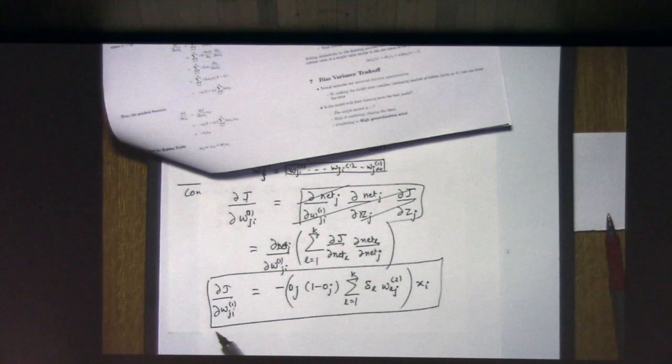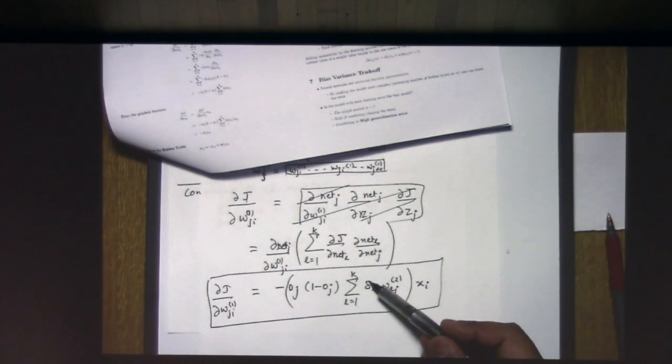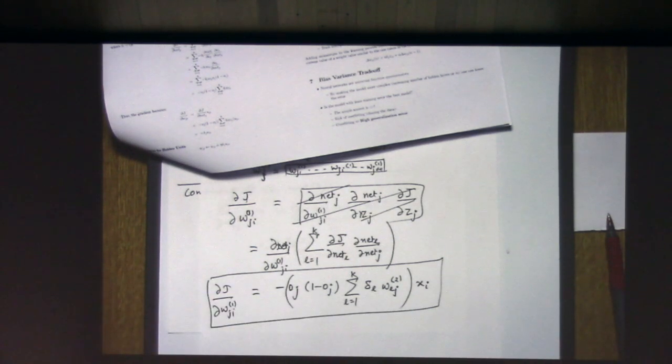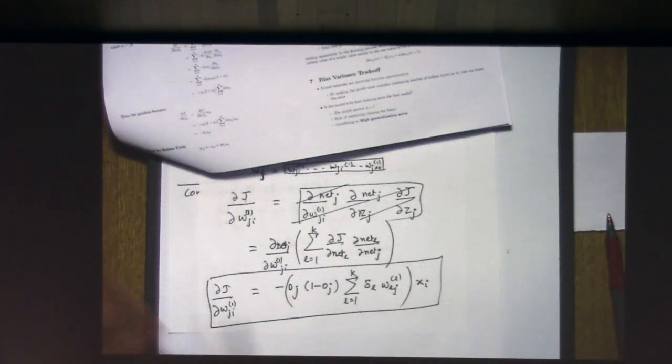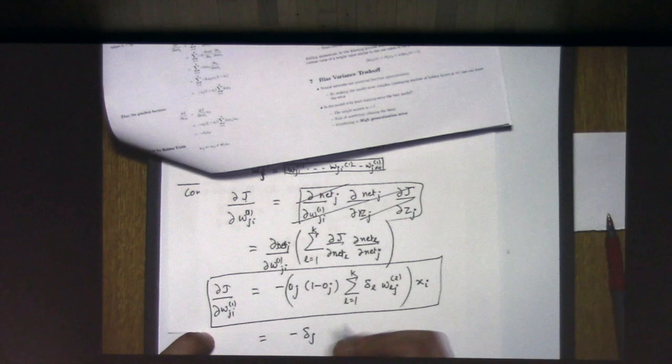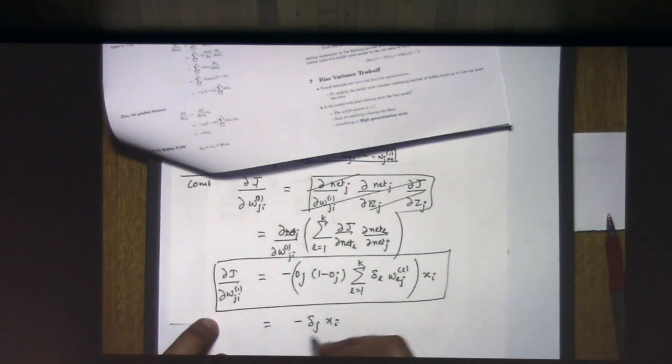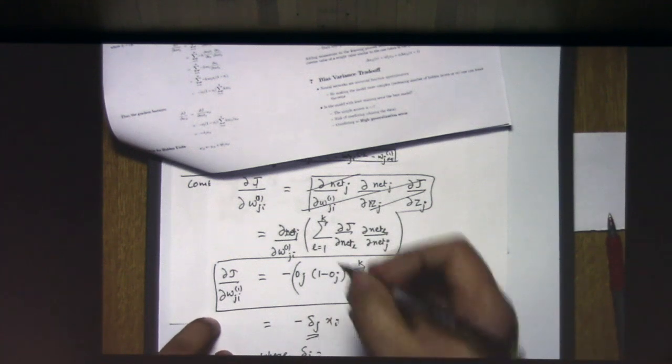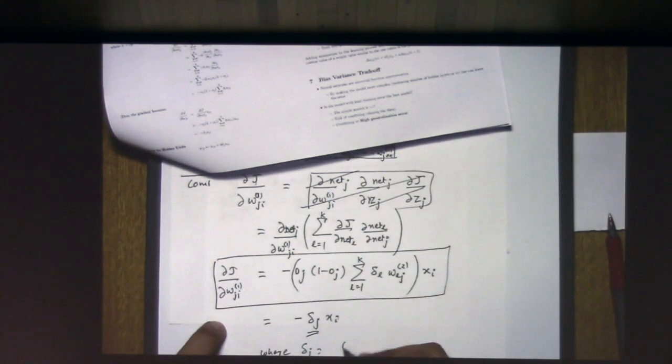Okay, so you can see that you computed some error delta L at the output layers, right? And now you are propagating it back. So sometimes we also write it as minus delta J xi, where delta J is the error at the hidden unit, and that is written as OJ 1 minus OJ, summation L equal to 1 through K delta L WLJ 2.